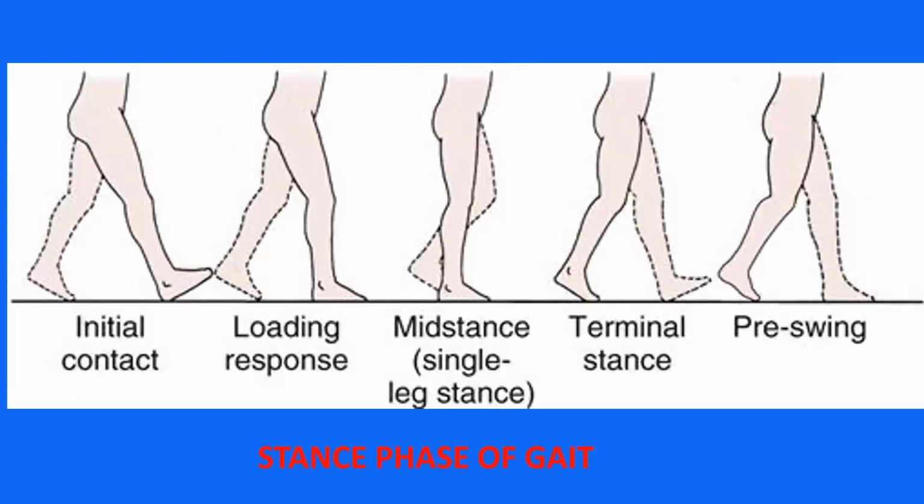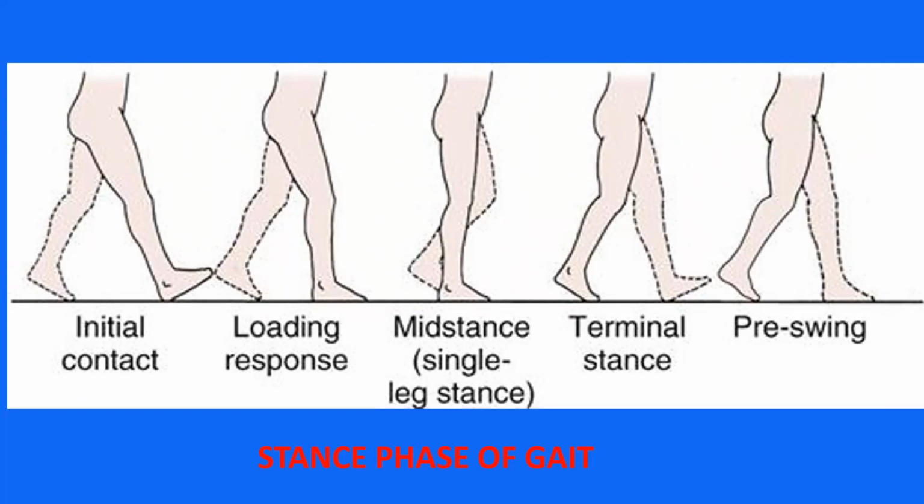So you have the initial contact, the heel with the ground. You have the loading on the second diagram, part of the diagram. Then you have a mid stance where the whole opposite extremity is off the ground. You have a terminal stance, and you have a toe off and pre-swing.